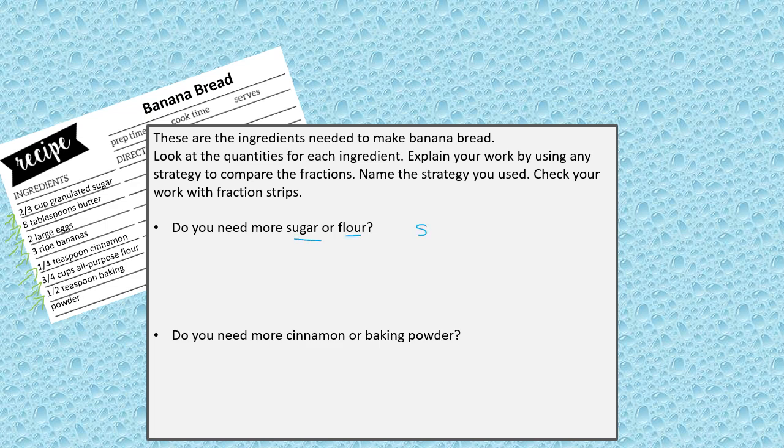So they want to compare the sugar and the flour. So let's take a look. The sugar, we have 2/3 cup sugar. 2/3 of a cup. And for flour, we have 3/4 of a cup.